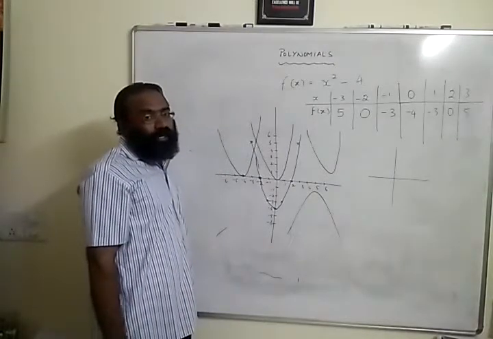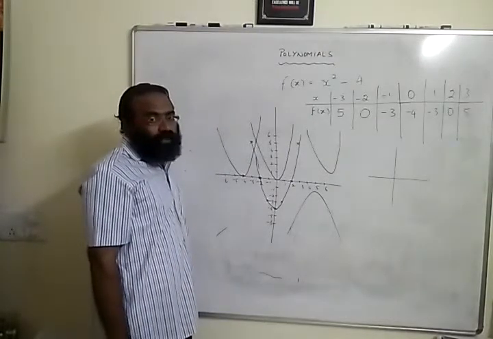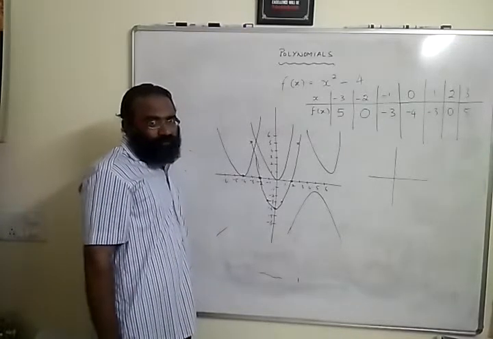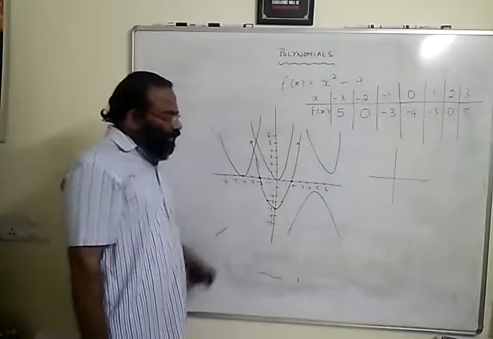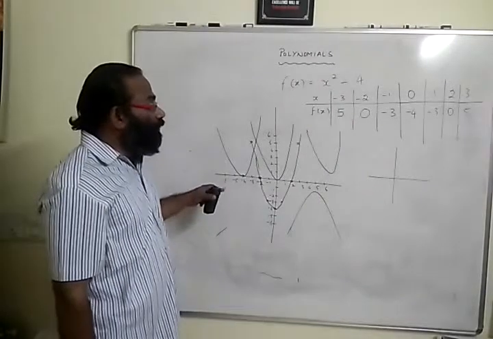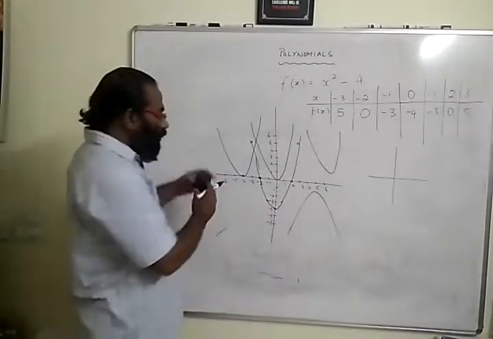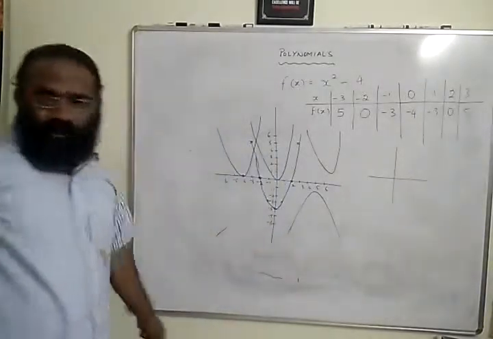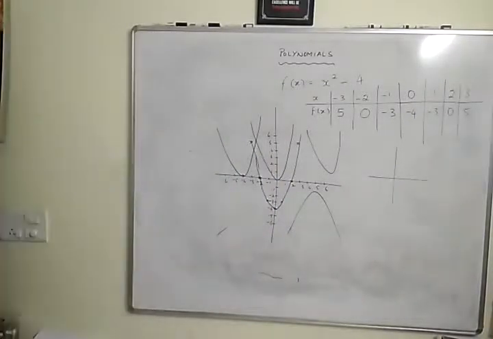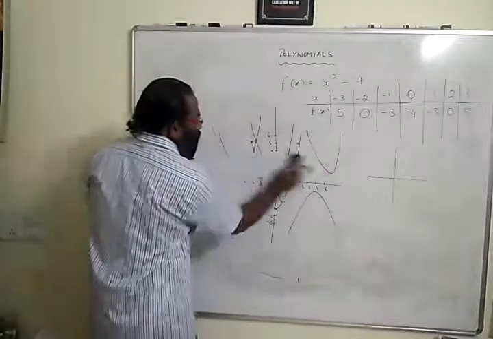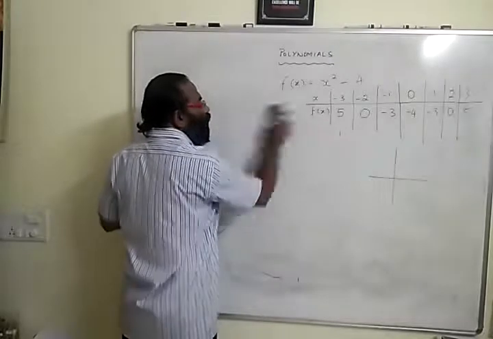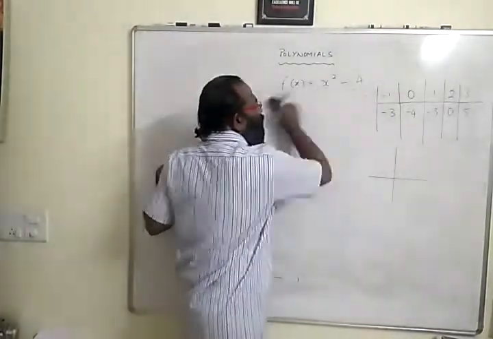Then we say that the zeros are imaginary. We don't have real solutions or real roots. That is for your understanding that I am telling this. But we will go forward and see what is the relationship between the zeros and the coefficients of any quadratic polynomial.